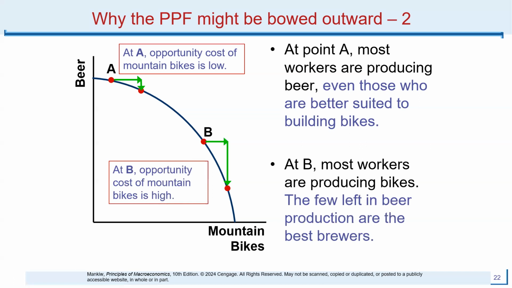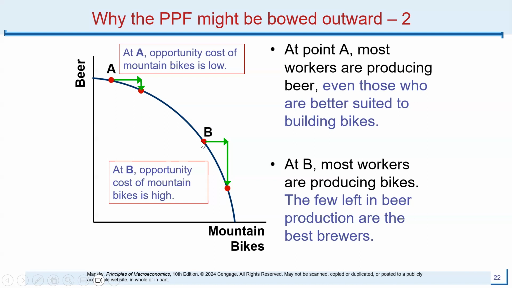But at point B, when the production of mountain bikes becomes higher, most workers are producing the bike. The few left in beer production are the best brewers. When most of the resources are allocated to produce mountain bikes, those individuals who are good at producing beer actually need to come to produce a bike, but they are not really good at it.